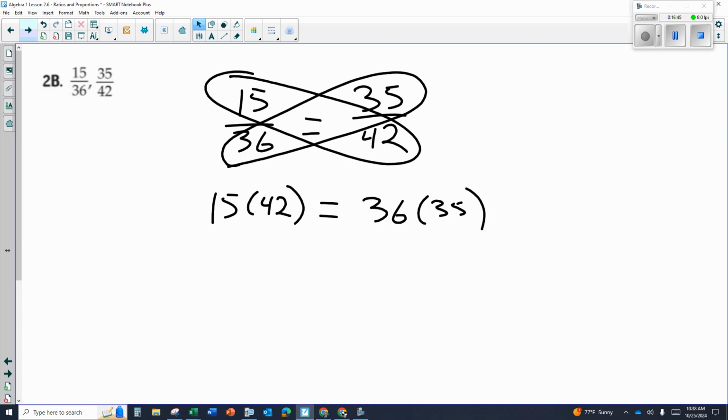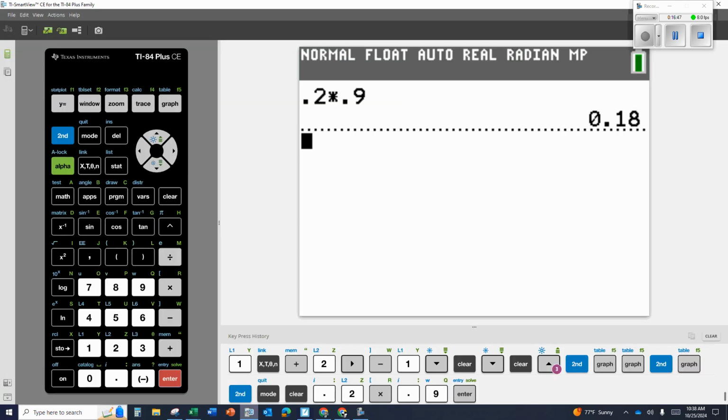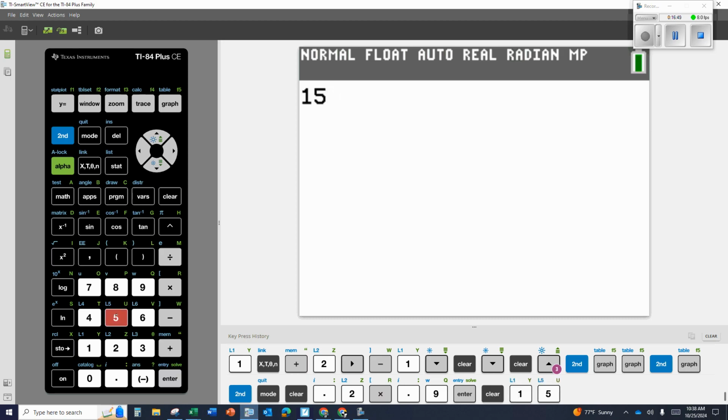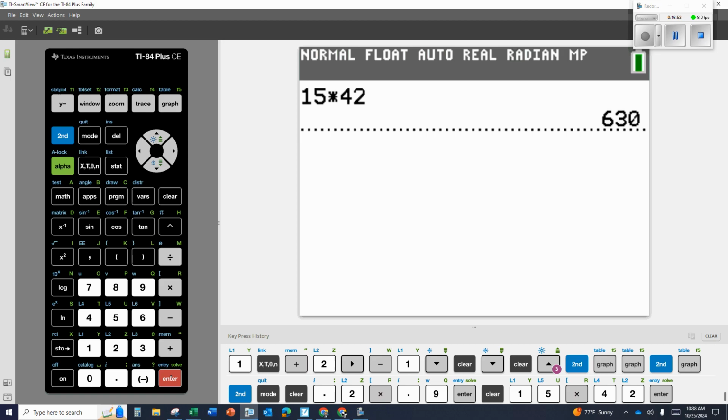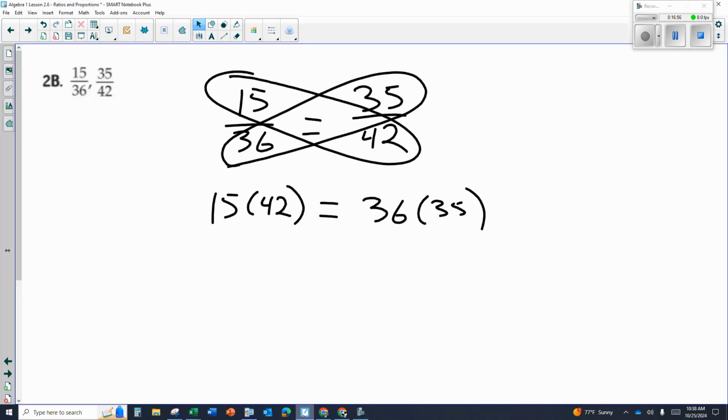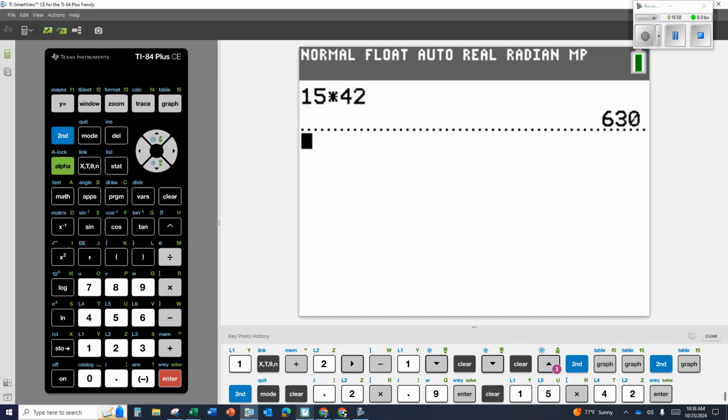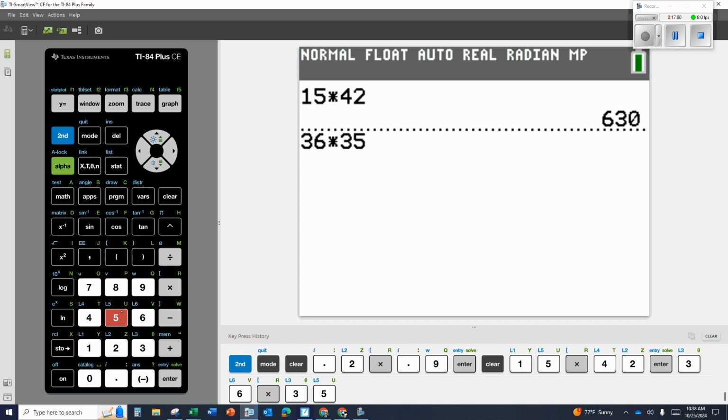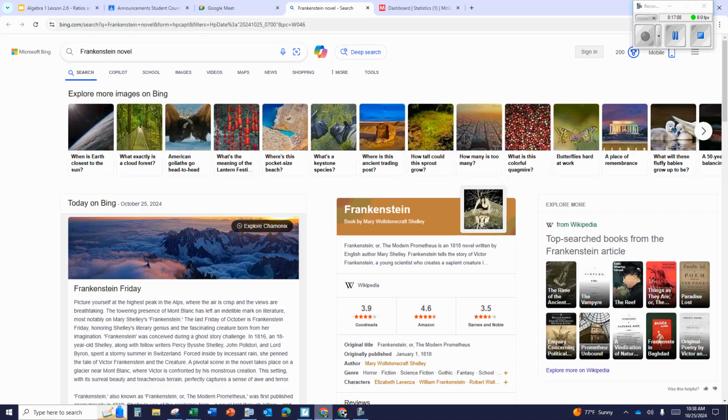So let's use our calculator. 15 times 42, that product is 630. And then 36 times 35, that equals 1,260. So those ratios do not form a proportion.